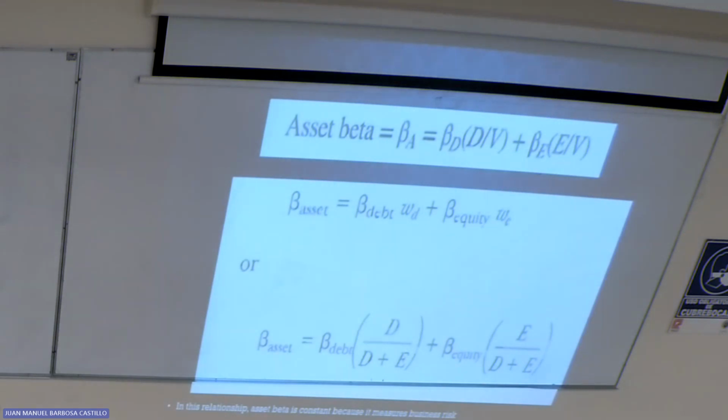Correct, debt and equity. And what did we say beta represents? Market risk, I heard. That's correct. The sensitivity of what to what? The sensitivity of the returns of an asset with the returns of the market. Okay?